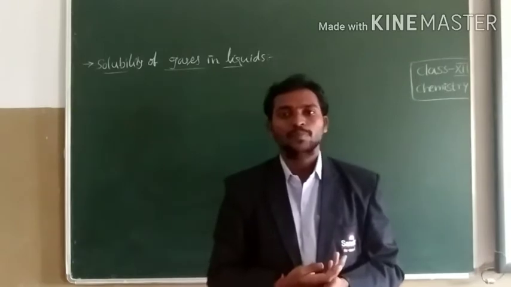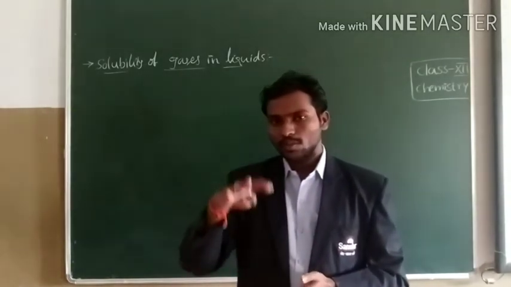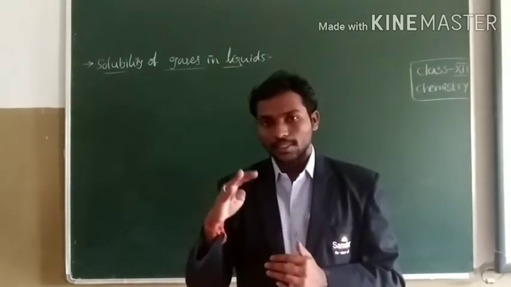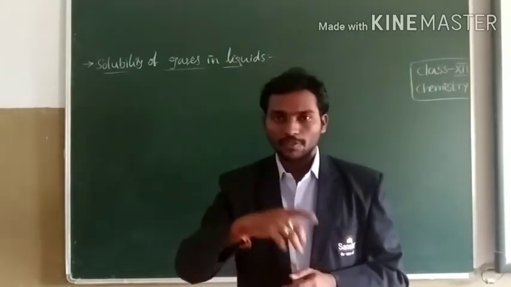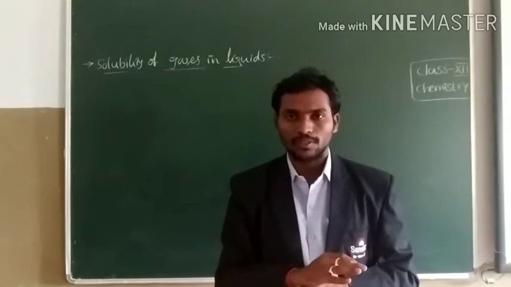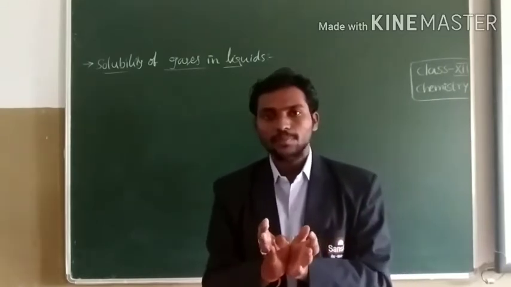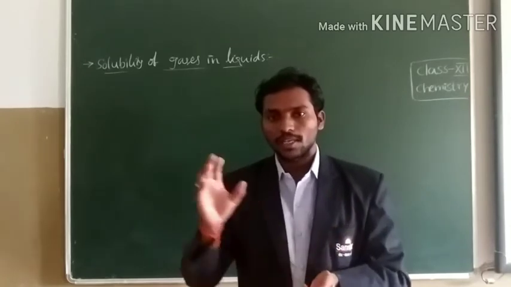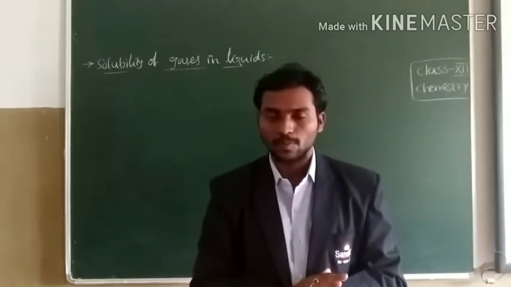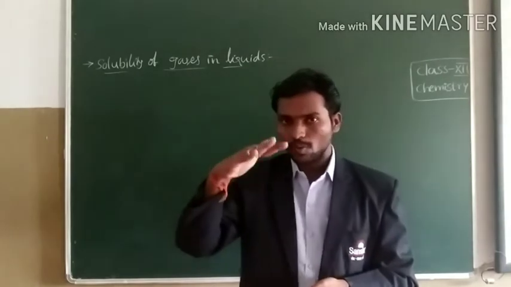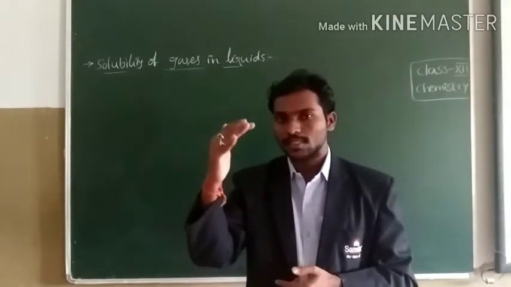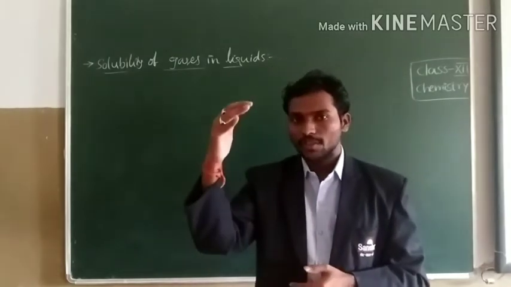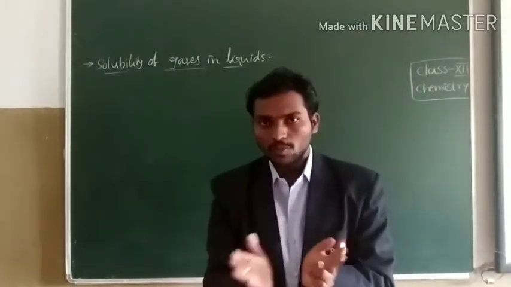This is because when we apply pressure over the gaseous system, the gaseous molecules are diffused into the liquid solvent. Initially the liquid solvent has less gas dissolved in it, but when we apply pressure, the gaseous molecules mostly dissolve in the given solvent because we are reducing the volume of the system.